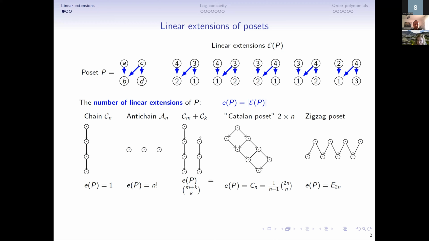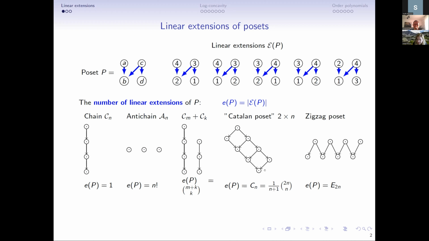If we have 2 chains, we just need to choose which elements go in one chain, and then the others will go with the other chain, and then they will be totally ordered. So then we just have to choose these elements. So this is a binomial coefficient, m plus k choose k, for m and k chains. Then we have our favorite Catalan poset.